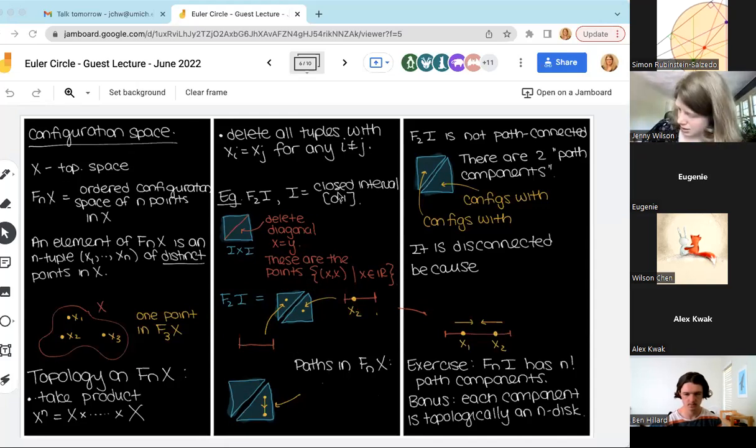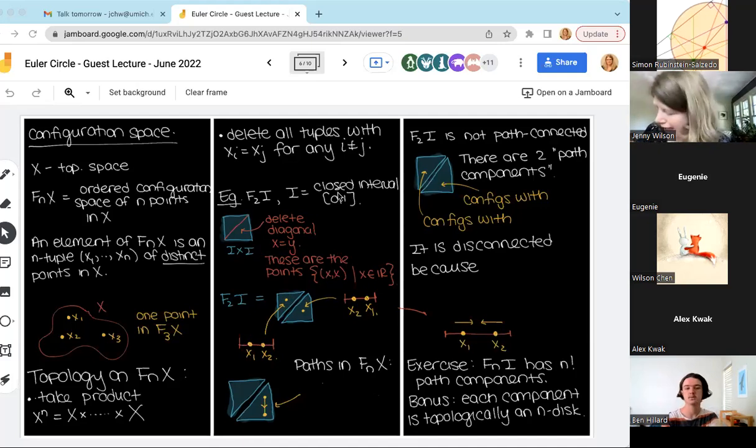Here's one. So maybe this point right here might be this configuration, for example, drawn from this other perspective.